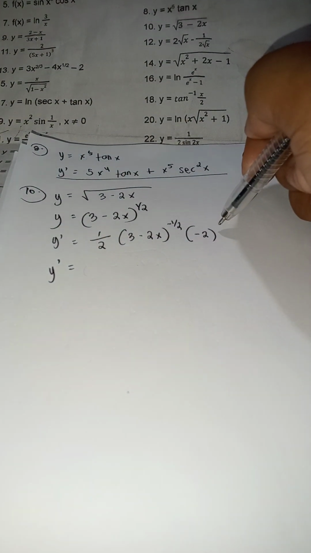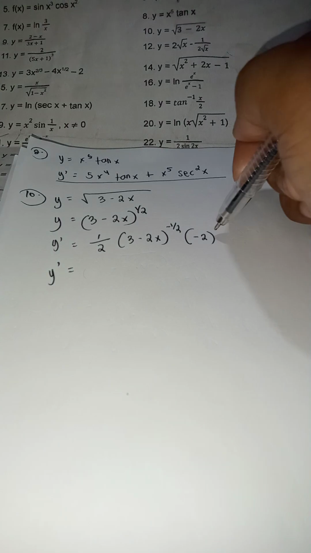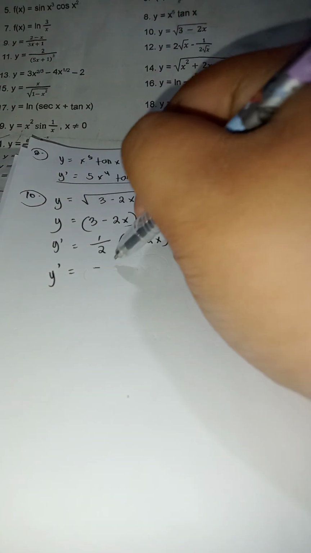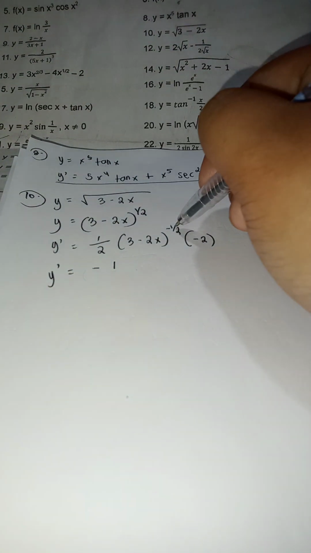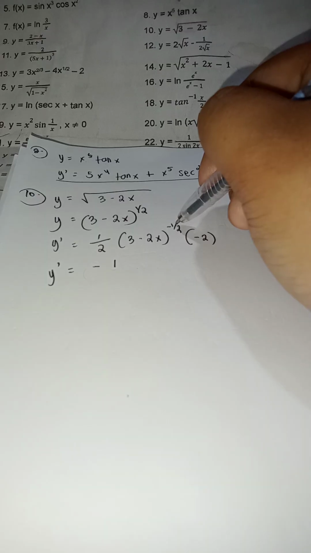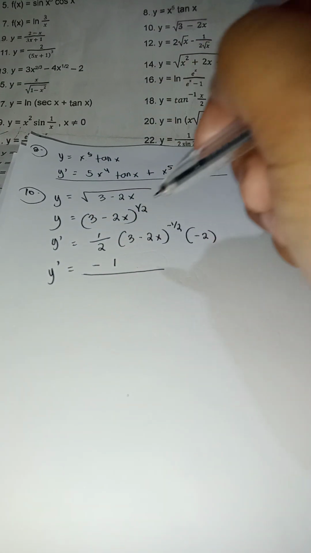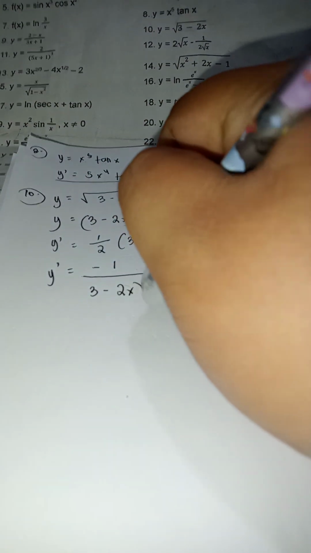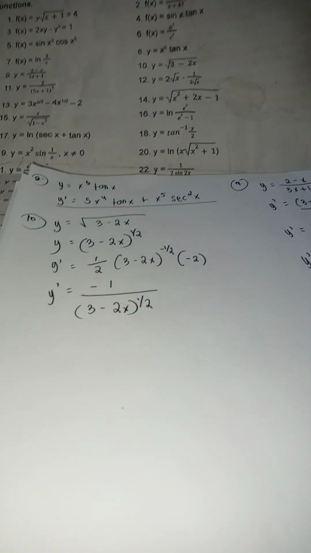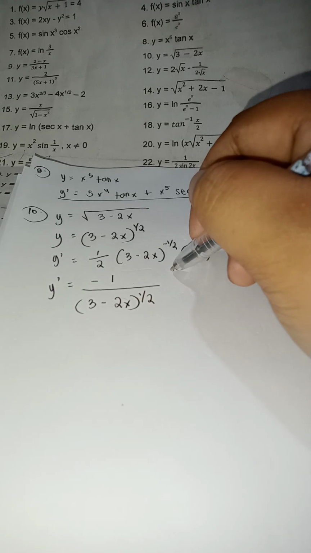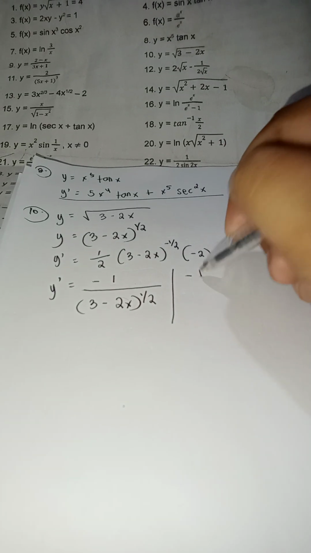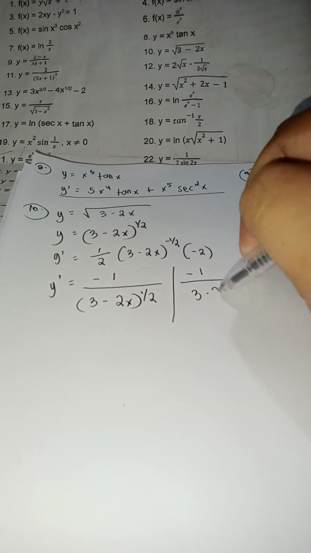It results in 1/2 times negative 2 is negative 1. Since it is a negative exponent, we copy it and move it to the denominator. So 3 minus 2x to the 1/2. We can also simply copy the square root of 3 minus 2x.